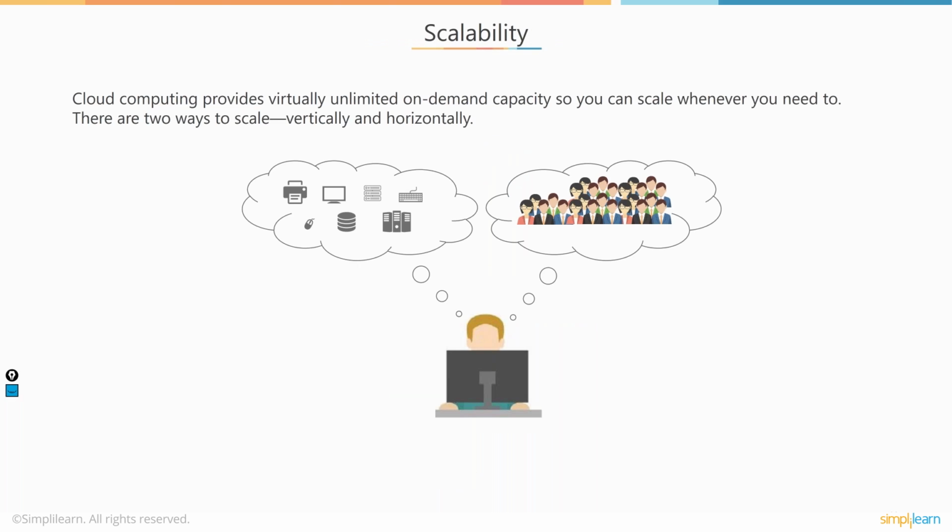Scalability, and that's very important. So let's jump to this. What scalability gives you is basically virtually unlimited on-demand capacity. So you can scale whenever you need it or not. There are two ways to scale, vertically and horizontally. As we mentioned before, vertical is basically making a box bigger, and horizontal is making more boxes of the same size.